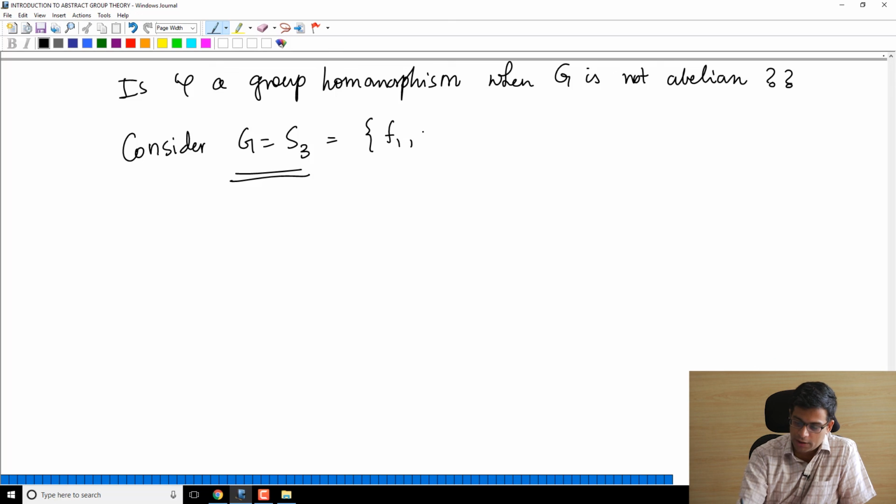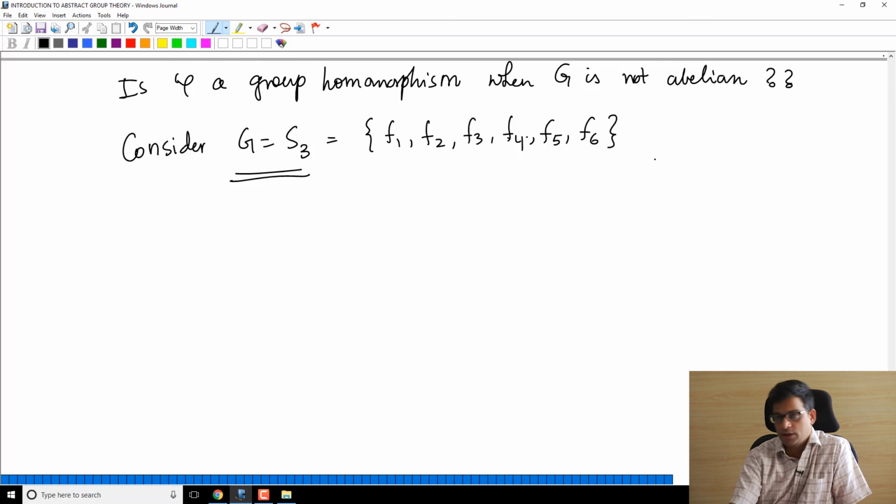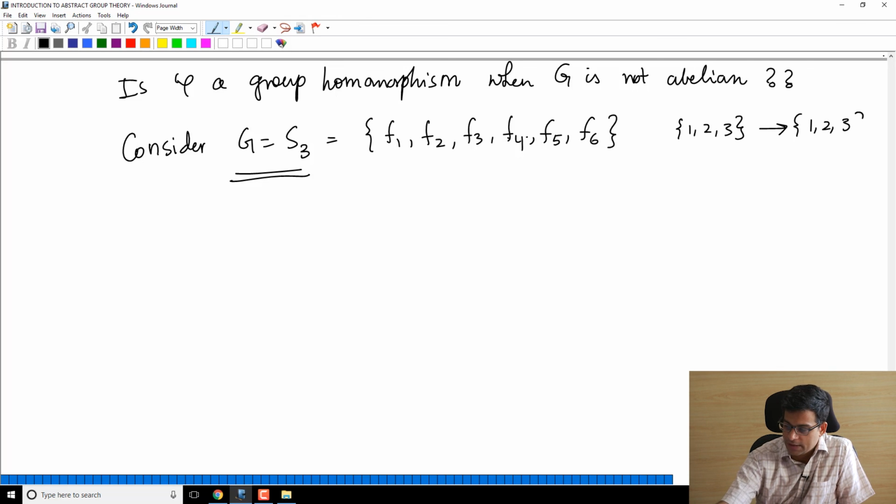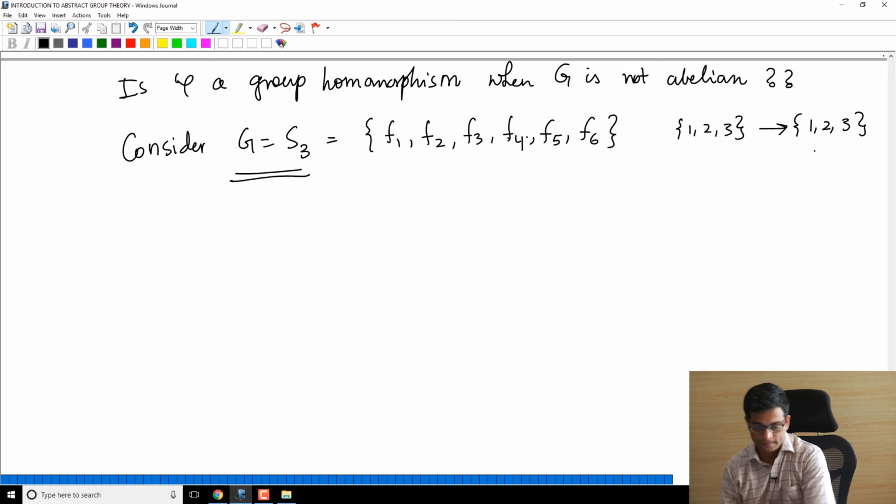In the notation that I introduced way back in one of the first videos, I use these letters to denote the elements here. These are all bijections of the set 1, 2, 3 to itself. S3 is always the set of bijections from {1, 2, 3} to {1, 2, 3}.